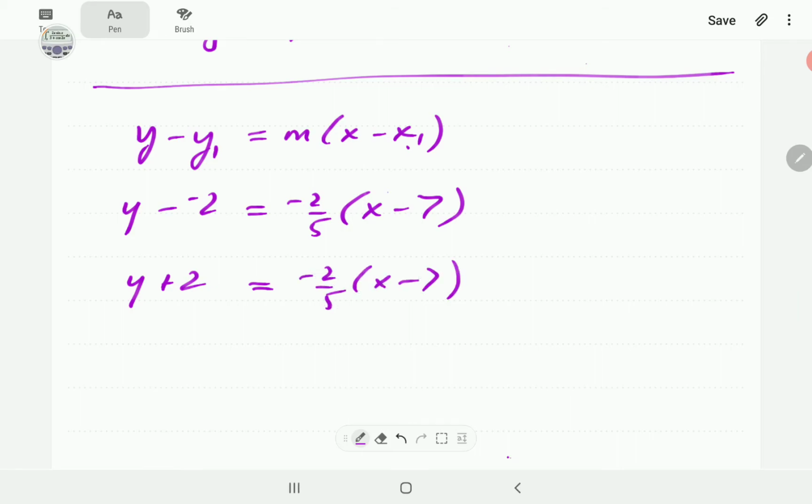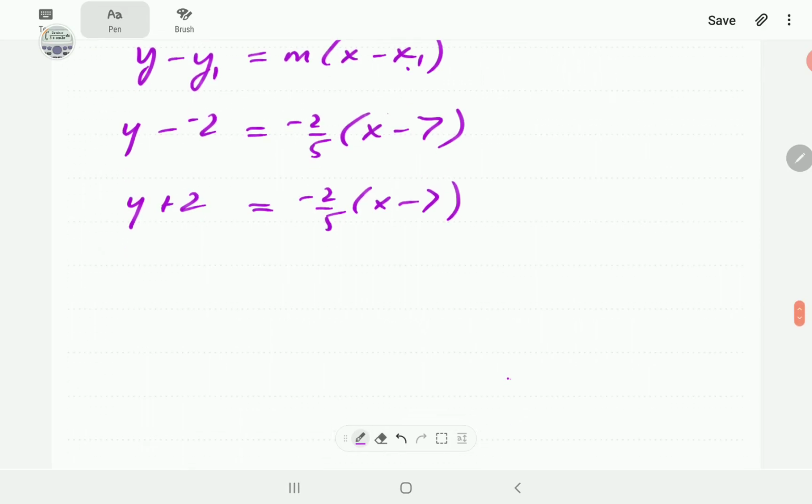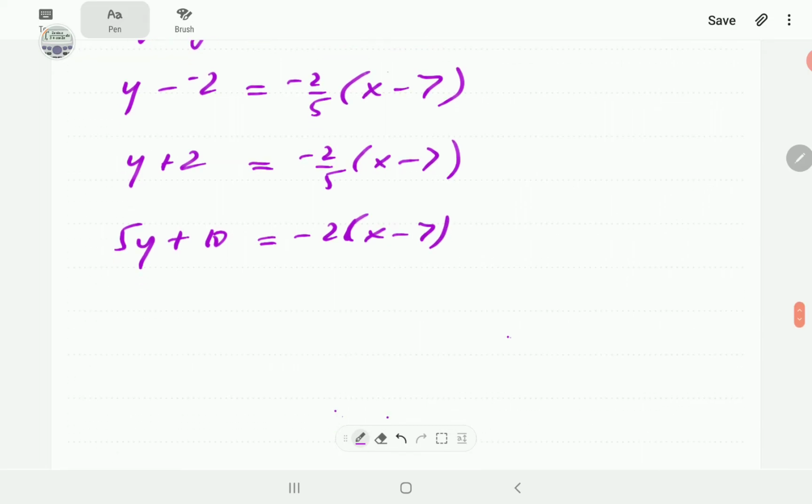So of course, we advise that you do one calculation per step. So if we bring now the 5 to this side, 5 times y is 5y, 5 times 2 is going to be 10. So this side we're going to be now left with minus 2 times x minus 7. Then if we remove brackets, it's going to be minus 2x plus 14.